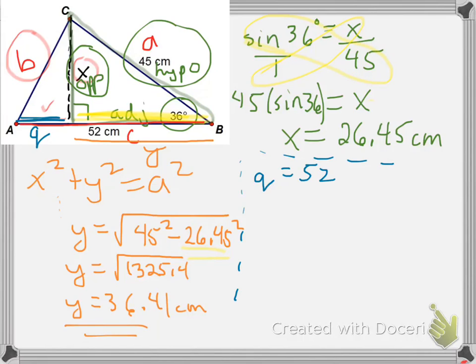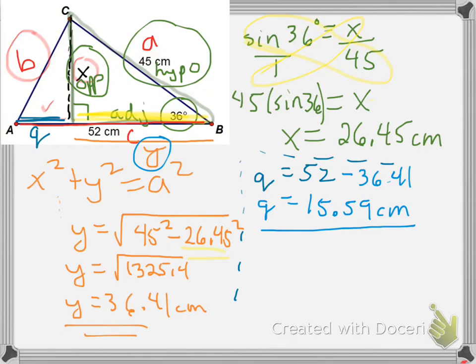And I'm going to subtract from it what I got for y here, and y was 36.41. So q equals, and I kept the memory in on it, 52 minus the answer, and I get 15.59 centimeters.